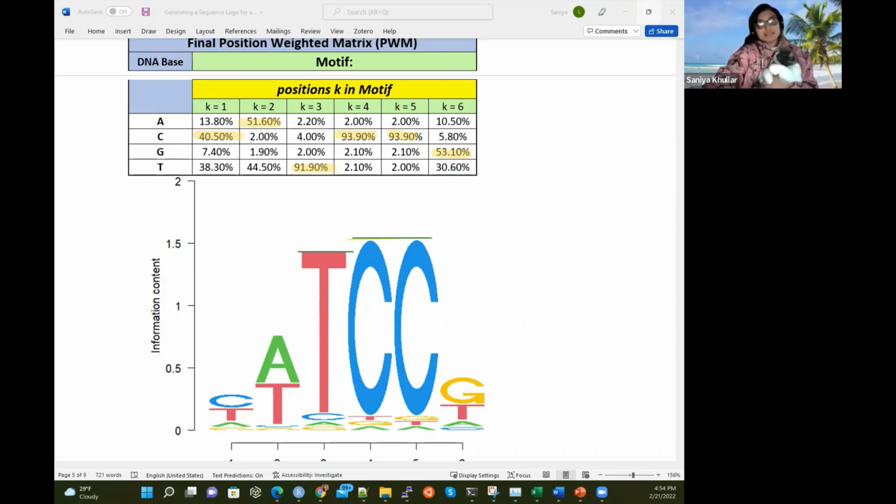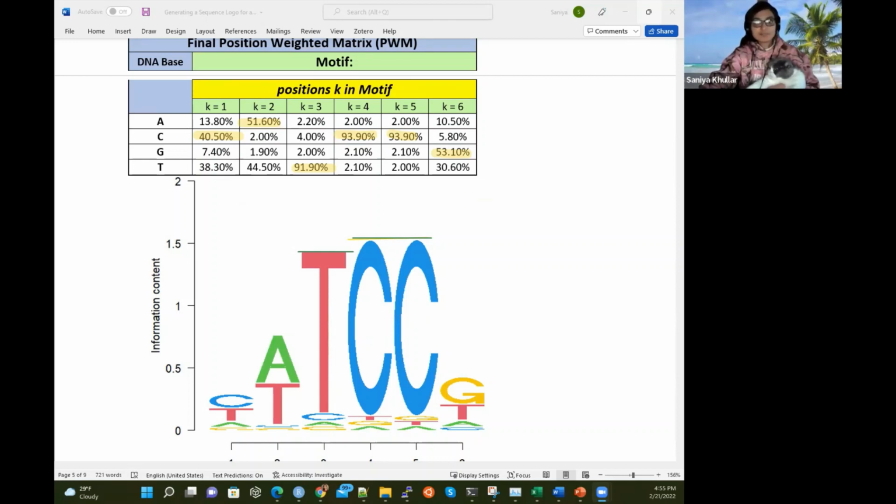But the key idea is that when you're looking at these probabilities, sometimes things may not stand out to you as clearly. So the point of this sequence logo is to tell you how certain you are.